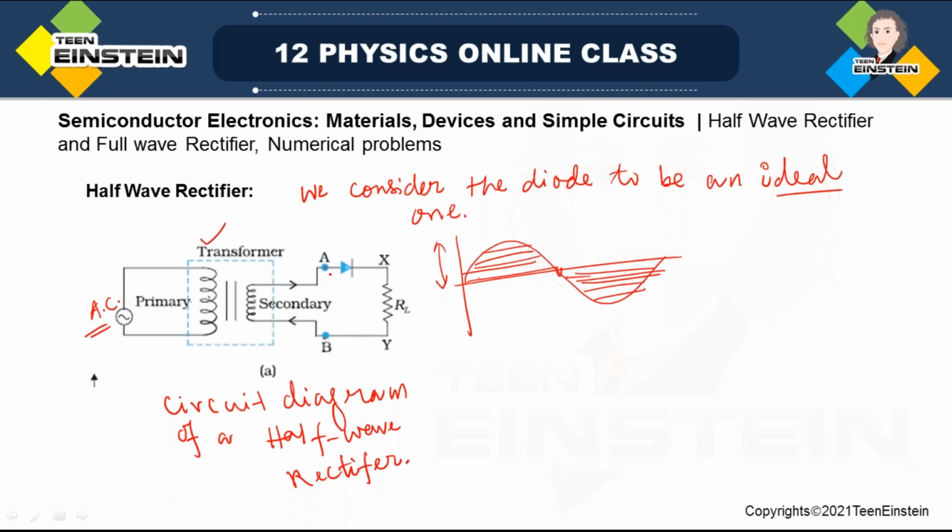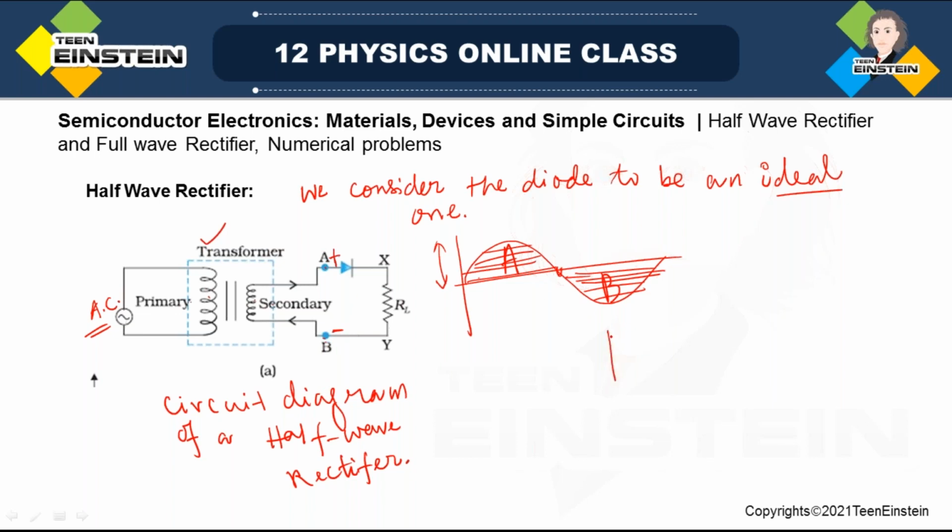So in the first half cycle, what will happen? A will be positive and B will be negative. Okay. First half cycle, A will have a positive value because here it will be A and this will be B, so B will be negative.